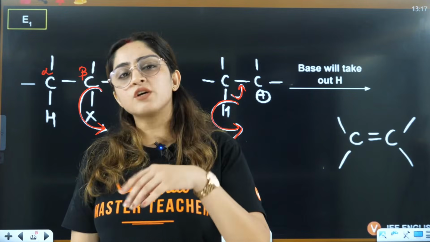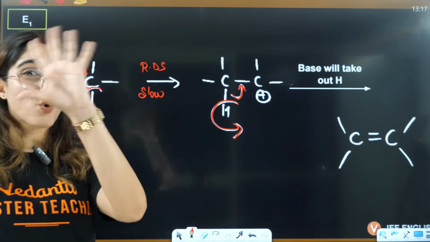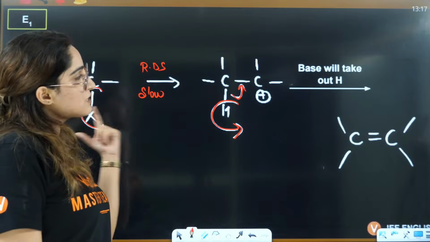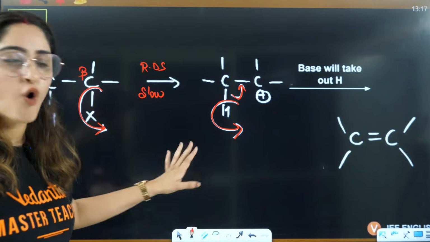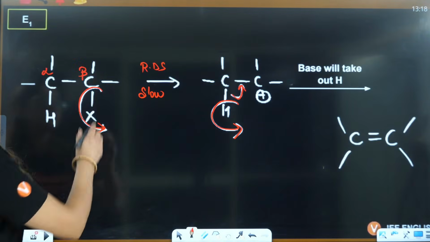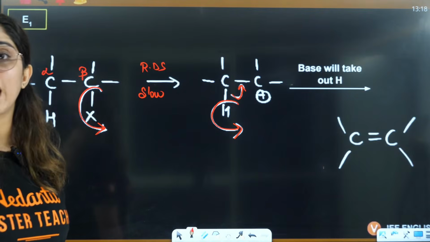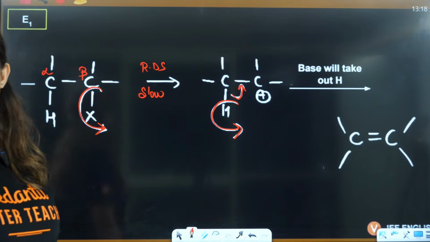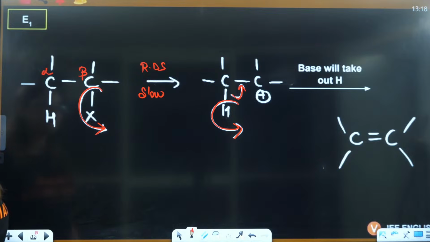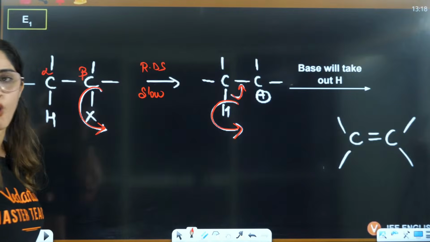Today's lecture, most of the reactions are going to be elimination, so that's why you should have this overview. So this is E1, in which carbocation is formed. It is unimolecular because it only depends upon the reactant that you have. In this case, firstly X is being eliminated, then base will abstract the proton.